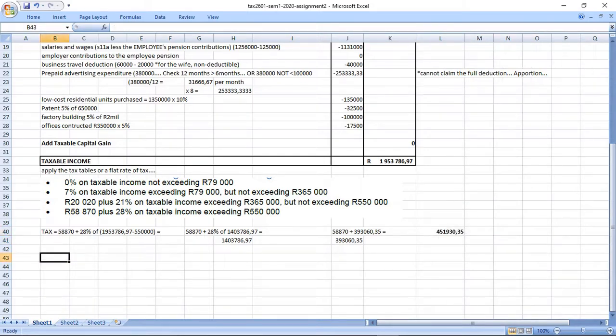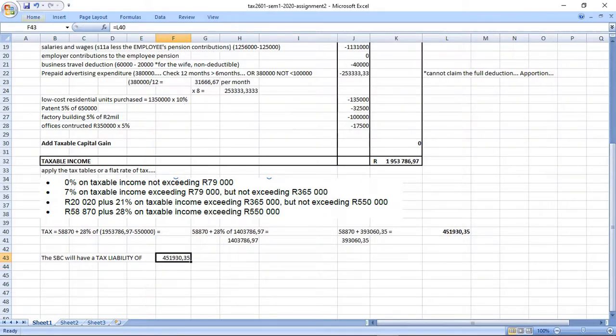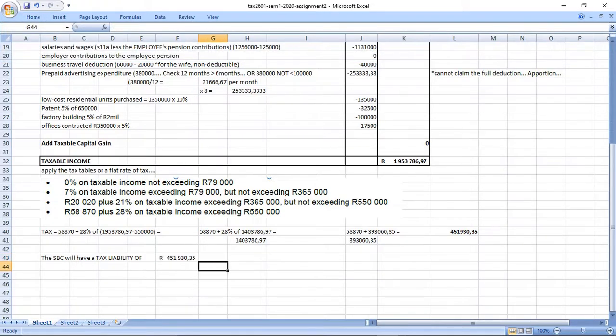Just to sum up, the SBC will have a tax liability of, in rands. And that's how you do the question.